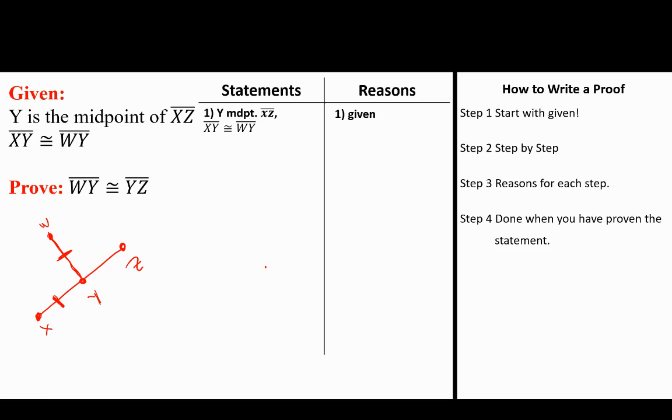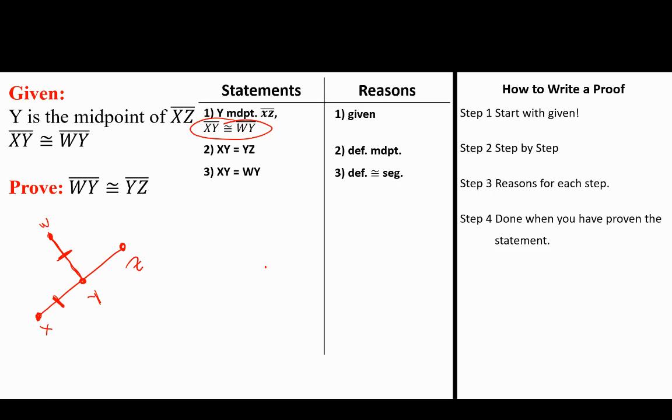I told you a couple problems ago, if that's the case, then I should know that XY is equal to YZ. Why should I know they're equal? The definition of midpoint. Now, because those are equal, I can also say that XY is equal to WY. So this right here, I can say those are equal lengths because of the definition of congruent segments.